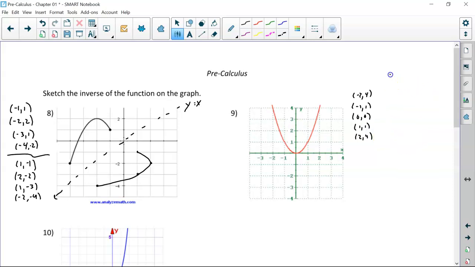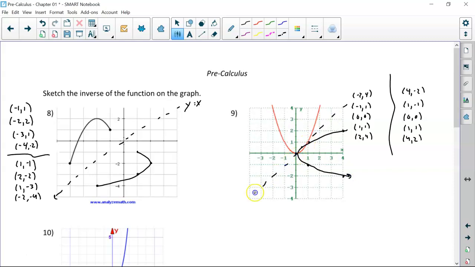So when we take the inverse of those, 4, -2. 1, -1. 0, 0. 1, 1. 4, 2. And there is our inverse. And that's the reflection along this line, y equals x.